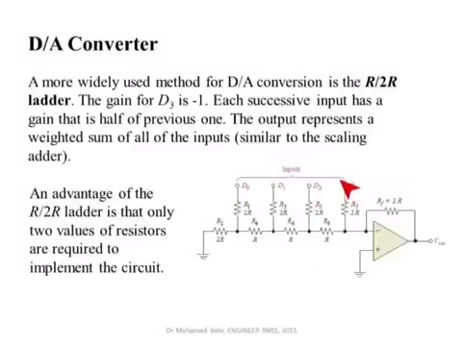This 1 here corresponds to 2 to the power 3, this is 2 to the power 2, this is 2 to the power 1, and this is 2 to the power 0. So you get 8 plus 4 plus 2 plus 1, which corresponds to 15.